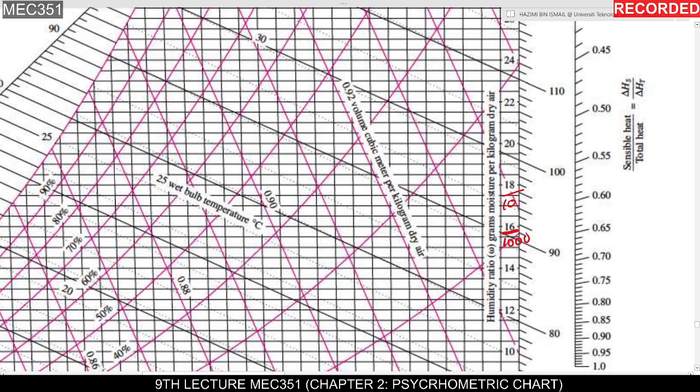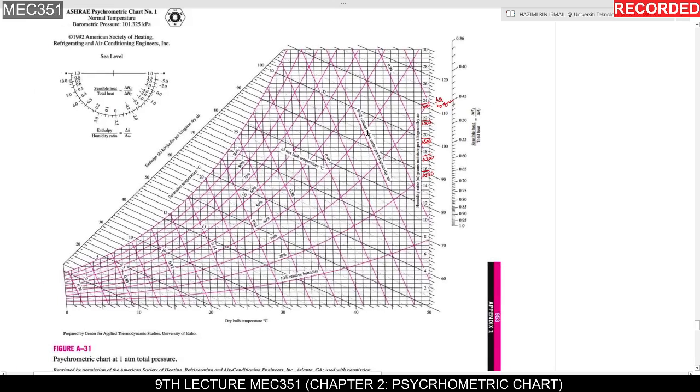For every value you have to divide by 1000. Okay, then you will get the unit of kilogram per kilogram dry air, because this is the unit for specific humidity that we normally use.